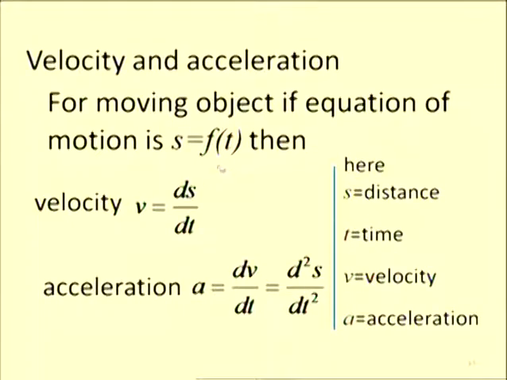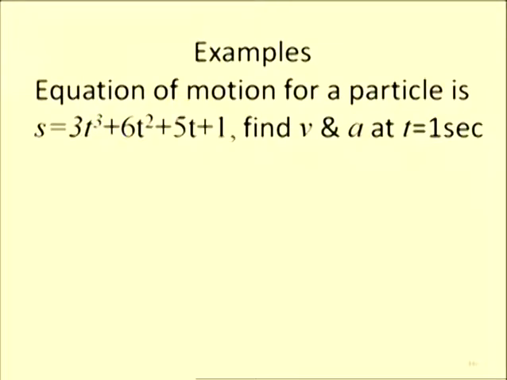So if we know t, we can find S, v and a. So here we have functions S, v and a in terms of t to get the appropriate value. Here we solve a certain example of this.